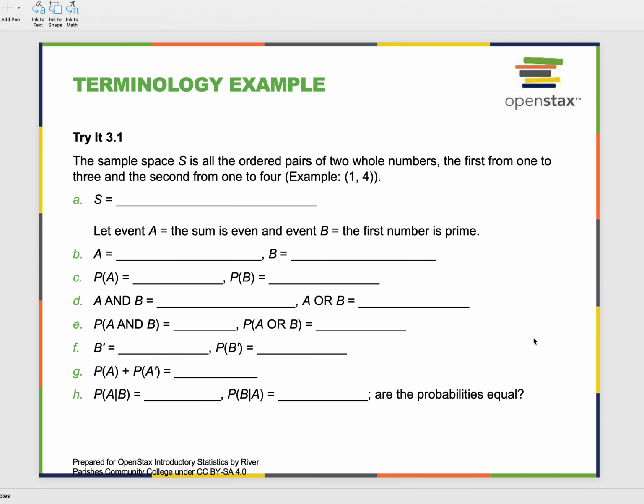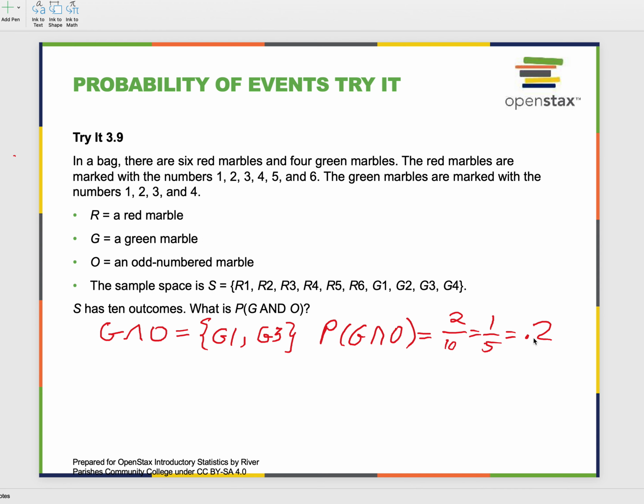Try this one. The sample space is a set of all ordered pairs of whole numbers, the first from 1 to 3, the second from 1 to 4. Well, you've got to list out those sets. Give it a try. Now they're getting into conditional probability, which we didn't look at here.